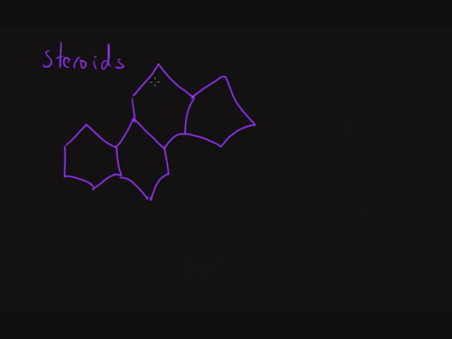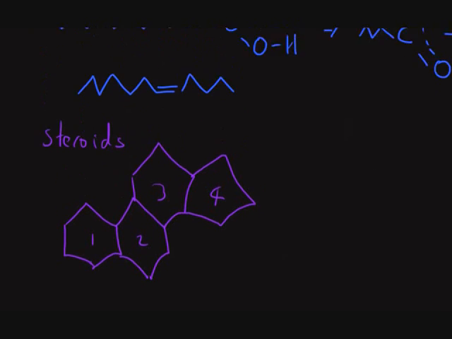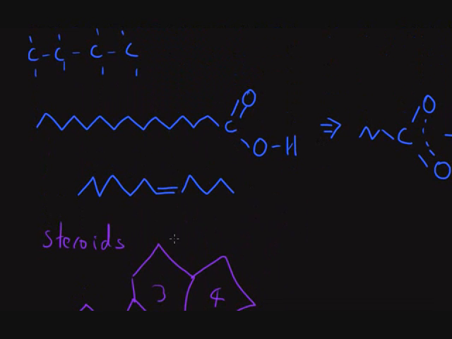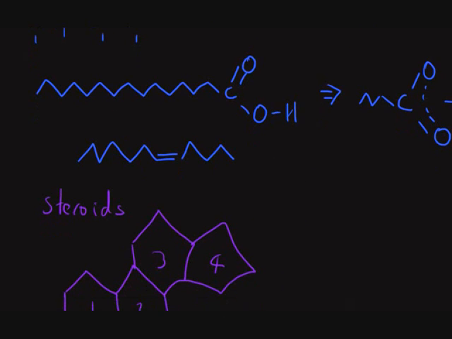As you can see there, we've got 1, 2, 3, 4 carbon rings, and 3 of them have got six carbons. The fourth one's got 5, and this is a core structure of it. This is a core shape, and it's modified in the human body in many different ways to produce a variety of different structures. And we can see here we've got two very different shapes, but 2 very different core structures.